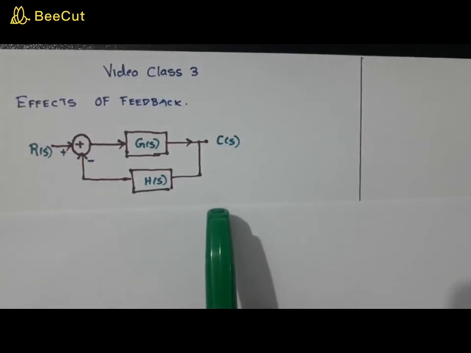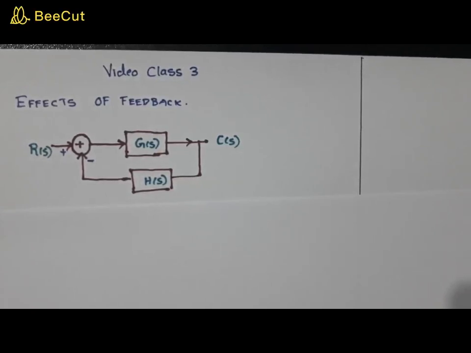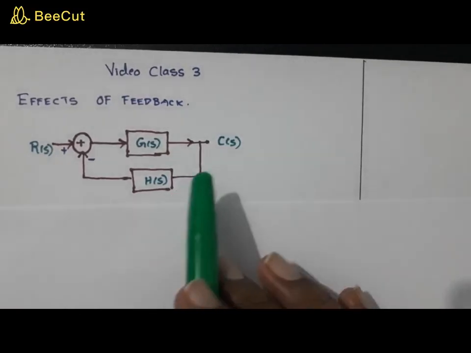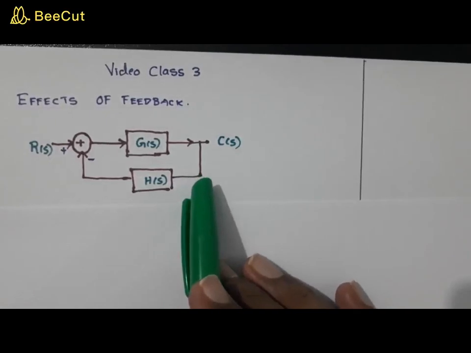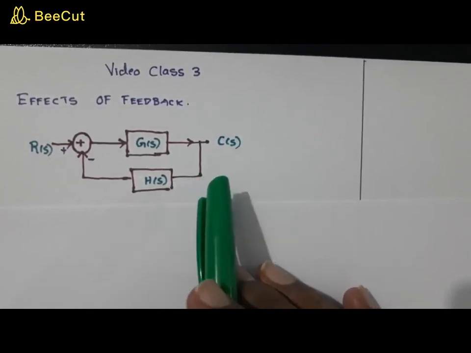I'll just give you a recap of the closed loop system. And we know why we prefer closed loop system over open loop system, because of its numerous advantages over open loop system. The only dominant problem that we saw is the stability problem with regard to closed loop system, and that also I said is due to the feedback.